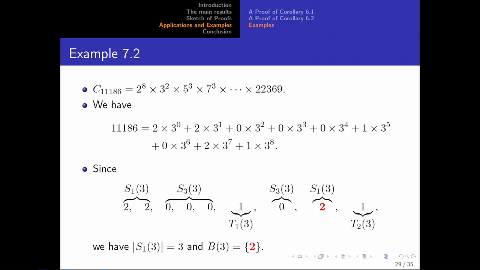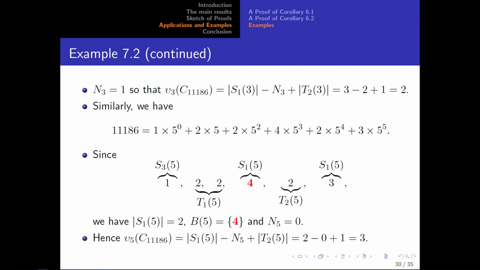So here's an example to find V3 C1186. First, we expand C1186 in base 3 expansion, and then we classify the digits into subsets S13, S23, S33, and T3. Since the cardinality of S13 is 3, then the digits lying before T3 belong to S13, and capital N3 equals 1.